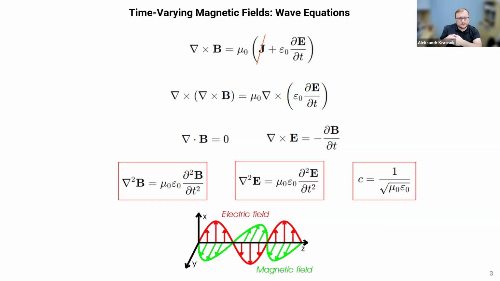This wave propagates in space with the phase velocity c, the speed of light, a very famous constant. Essentially, it's the largest velocity in nature.